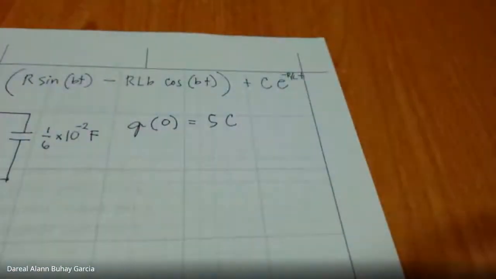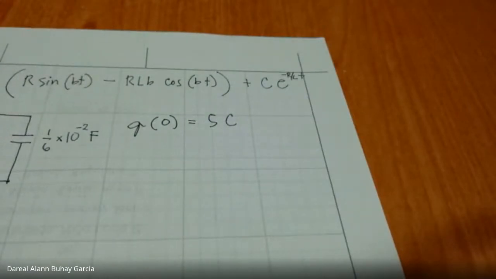So that's another given in the circuit: the initial charge, Q at 0 is equal to 5 coulombs. Find the charge on the capacitor and the steady state current.